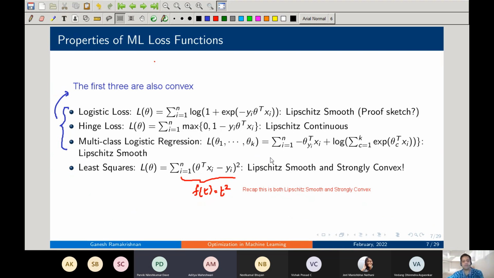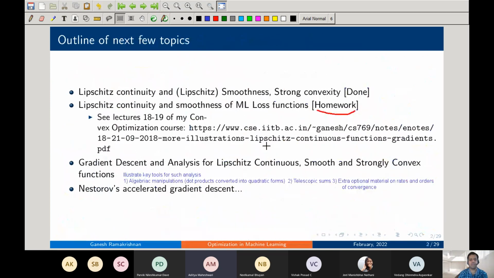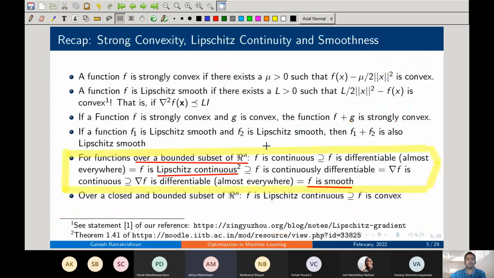Sir, one doubt before that. When we say Lipschitz smooth function, are they allowed to be non-differentiable at only a countable number of points, or can the number of points be countably infinite? Yeah. So if you recap our overall positioning, the definition of smoothness didn't talk about differentiable almost everywhere, but it turns out that f is smooth is the same as saying that the gradient of f is differentiable almost everywhere, right?